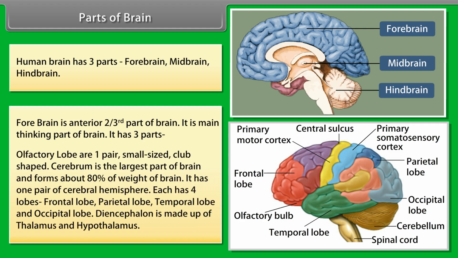Olfactory lobes are one pair, small-sized and club-shaped. The cerebrum is the largest part of the brain and forms about 80% of its weight. It has one pair of cerebral hemispheres. Each has four lobes: frontal lobe, parietal lobe, temporal lobe, and occipital lobe. The diencephalon is made of the thalamus and hypothalamus.